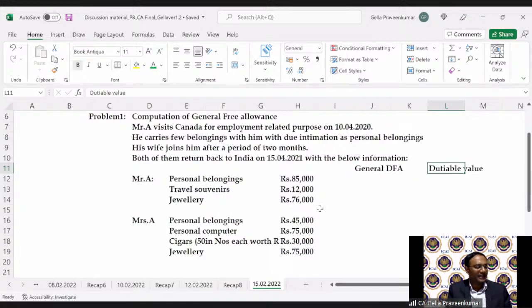Gentlemen, 20 grams with a value cap of rupees 50,000. Can I give entire 76,000 duty free allowance, Sumit? Is entire 76,000 exempt or is something dutiable?